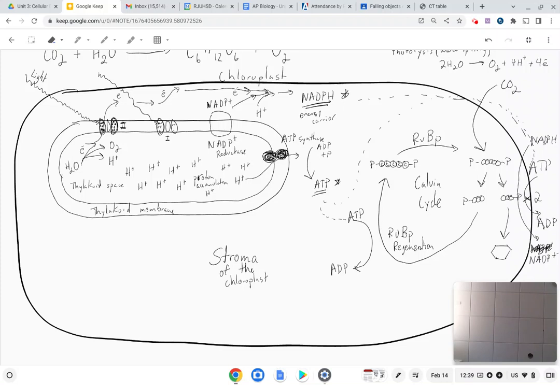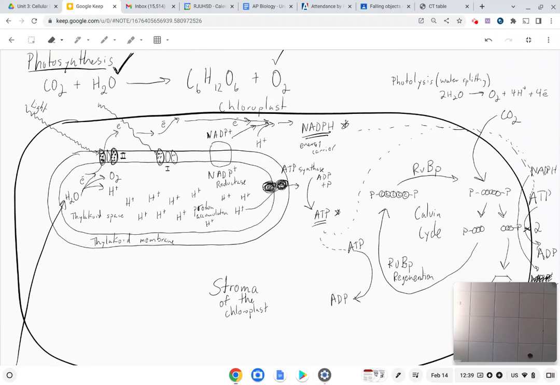Okay, one last thing to finish the thought here. We have water coming in, right? So we need to check off the remaining inputs and outputs. If we go up to the master equation, have we accounted for carbon dioxide as an input? Yes, over here.